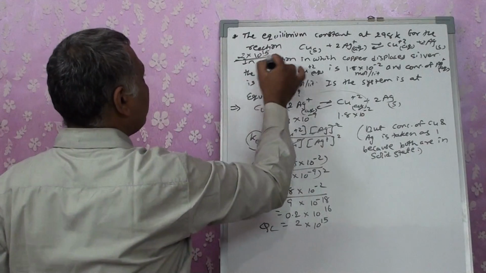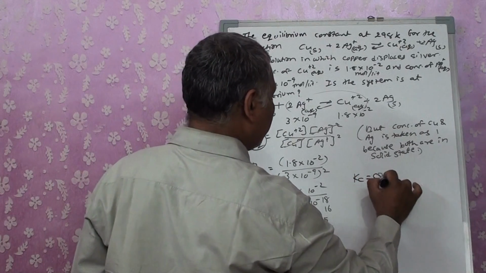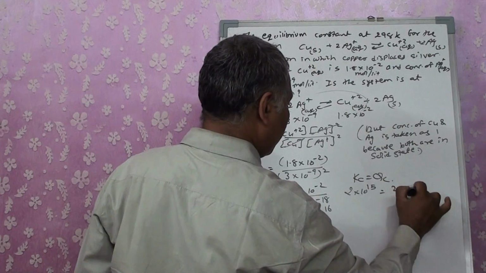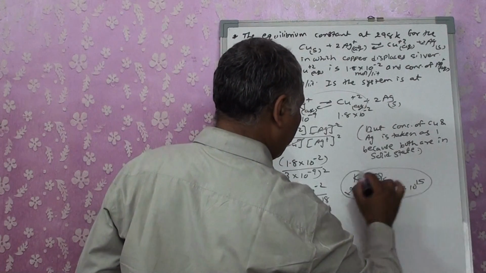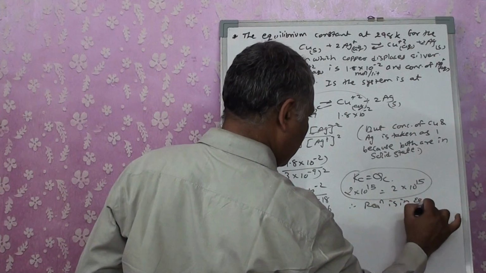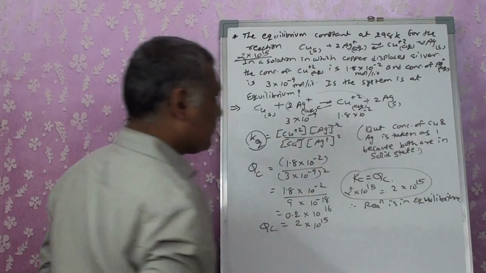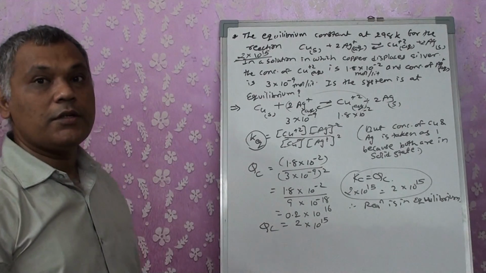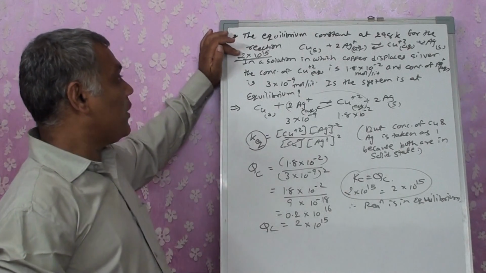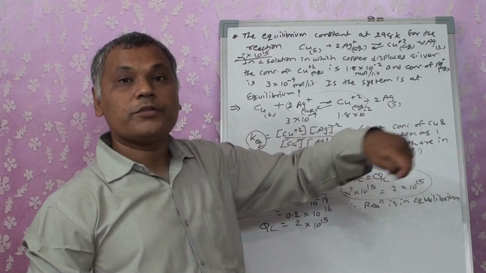So Kc equals Qc, because Kc was 2 into 10 raised to 15 and this is also 2 into 10 raised to 15. Therefore, the reaction is in equilibrium. Like that, if I had been given something different here, then I would have got Qc not equal to Kc.